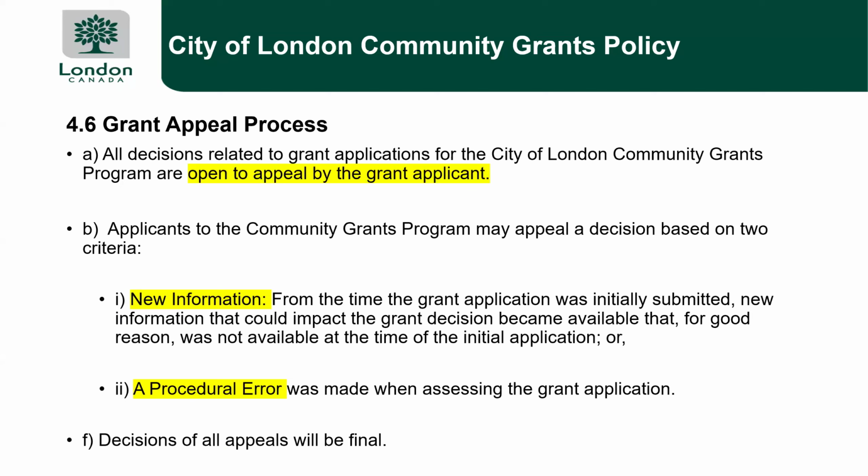And the second reason for an appeal could be a procedural error. So an error could have been made when assessing the grant application. So one of these two criteria needs to be met in order to appeal. You cannot appeal because you don't agree with the decision. There's very specific criteria that need to be met.